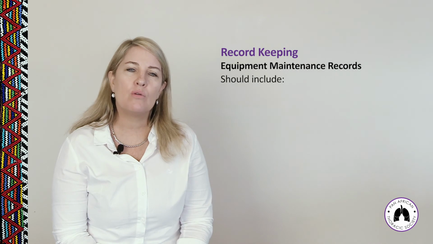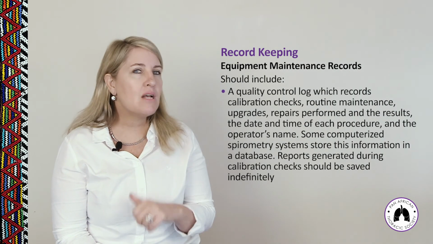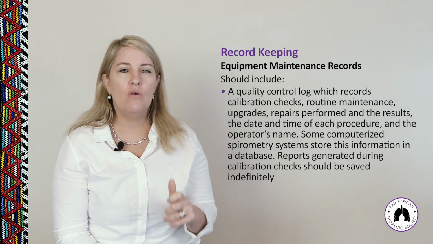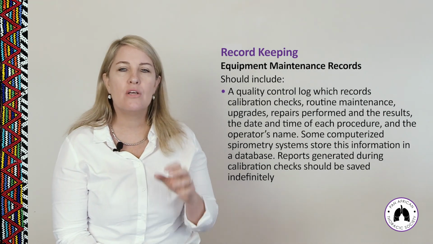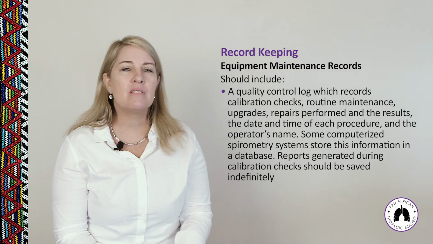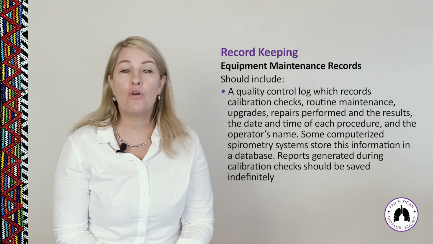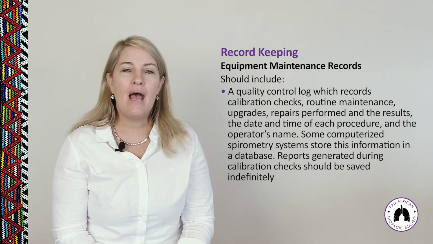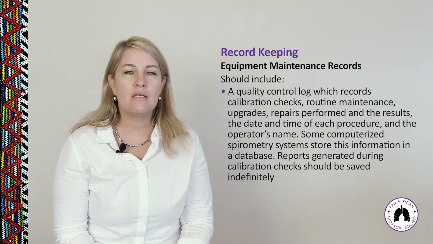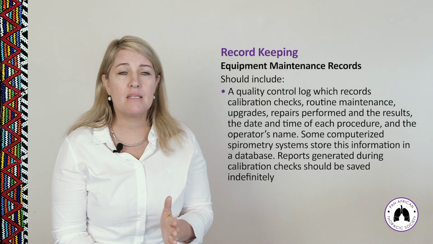Equipment maintenance records for each spirometer should include at least a quality control log, which records calibration checks, routine maintenance, upgrades, repairs performed, and the results, the date, the time of each procedure, and the technician's name who conducted that procedure. Some spirometry systems will store this information very easily for you in a database.